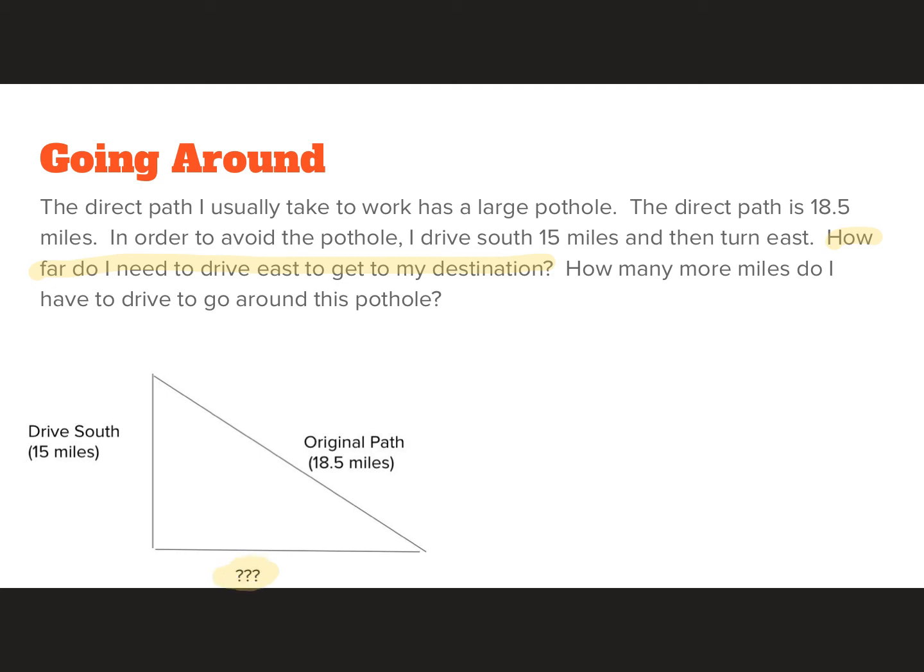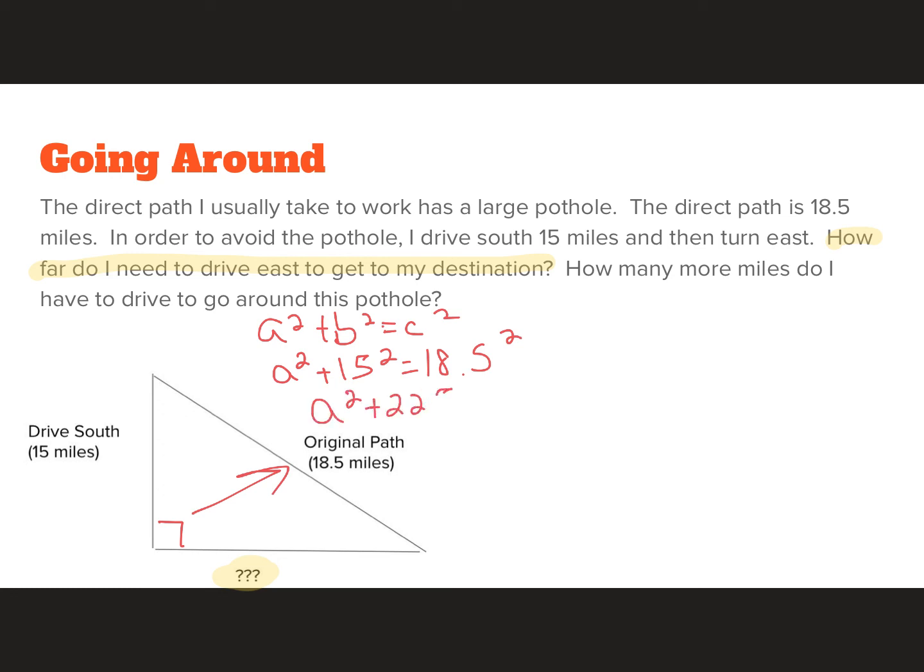Okay, so again, we're going to do our wonderful a squared plus b squared equals c squared. So here's my right angle. So I'm finding either a or b. So I have a squared plus 15 squared equals 18.5 squared. So I have a squared plus 225 equals 18.5 squared, which is 342.25.